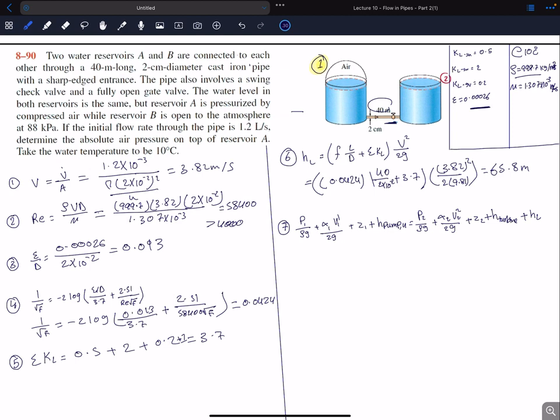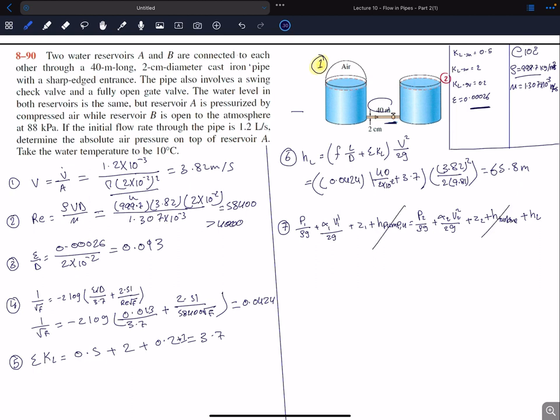Okay, here we go. The last step to find the absolute air pressure is the energy balance equation divided by the mass times the gravity, which is converted to the head loss equation. We don't have any turbines or any pump.